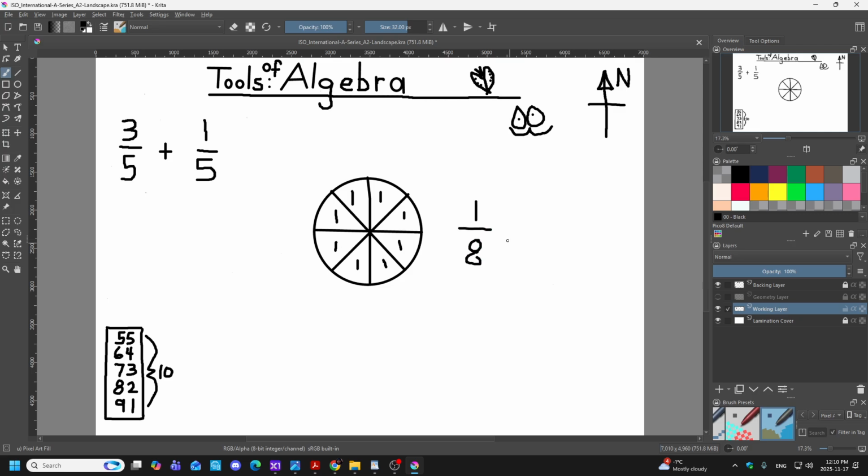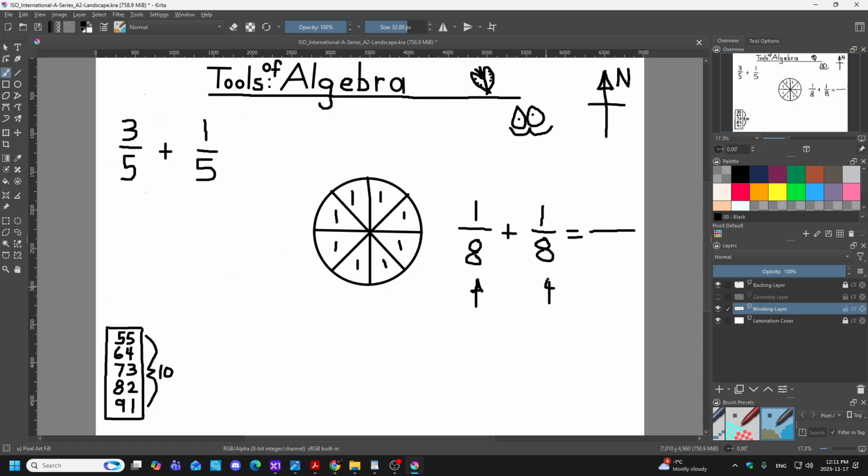Now if you eat 2 pieces, you're eating 1/8 plus 1/8. This would be a good starting example. Fractions are really easy to add together when both denominators are the same.